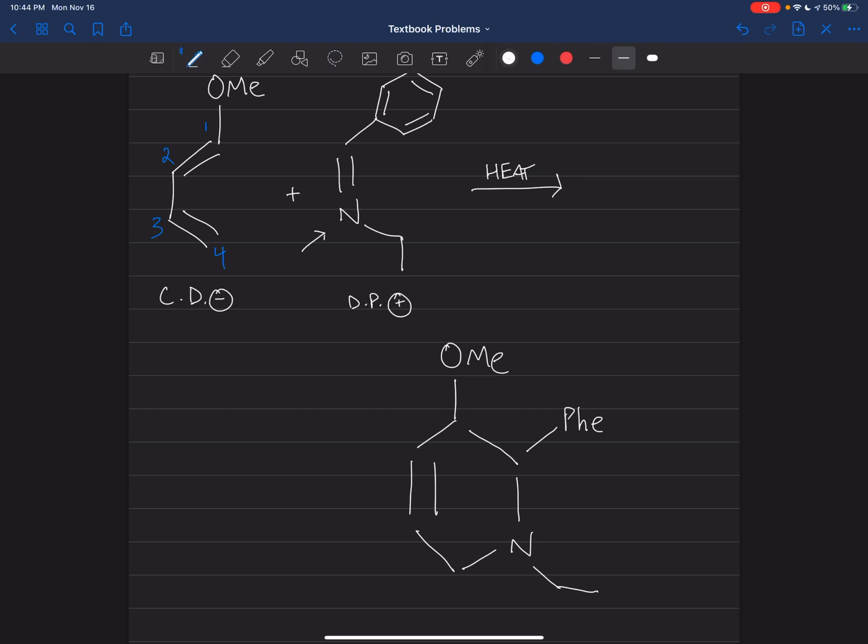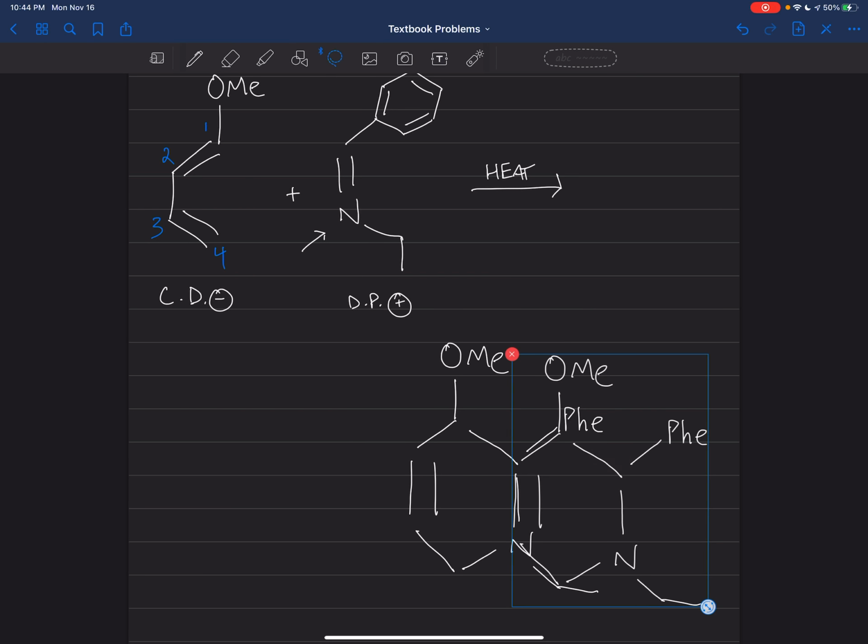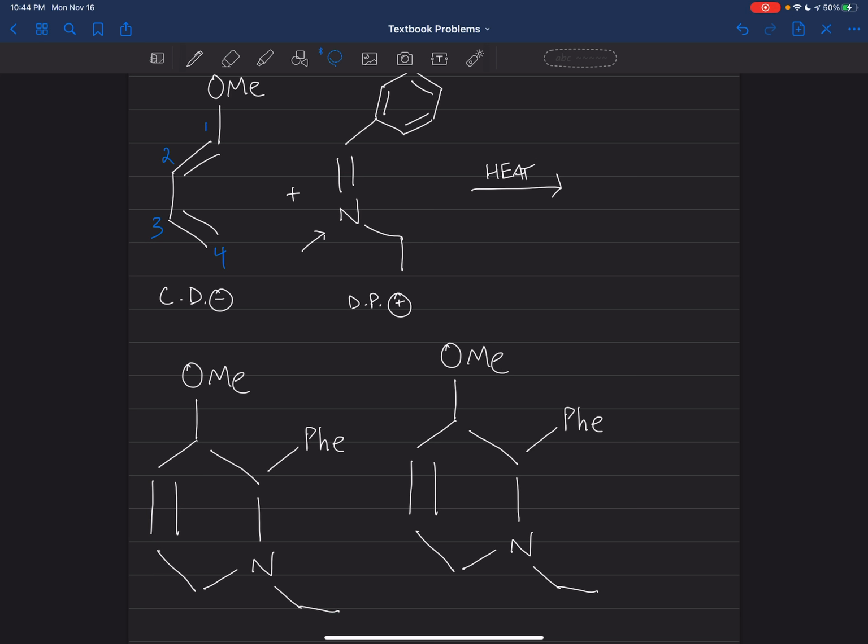But remember, why did it have to approach that way? Just because I drew it that way doesn't mean that's the way it's going to approach. It can also come in, and really I'm just going to reverse everything.